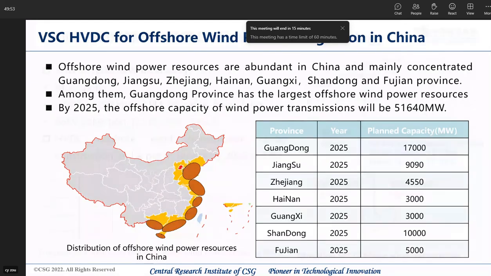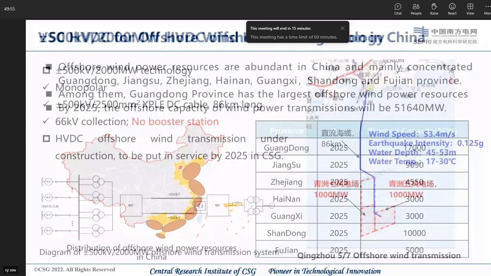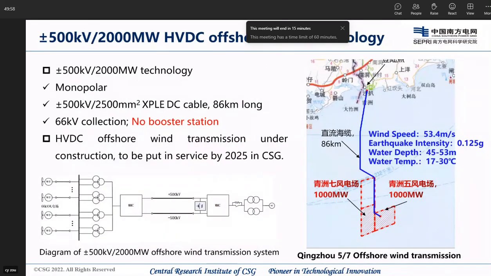Now, we are working on a 2 gigawatt HVDC offshore wind project. The system is expected to be put into service in 2025, and it will become the biggest offshore wind power project in the world.